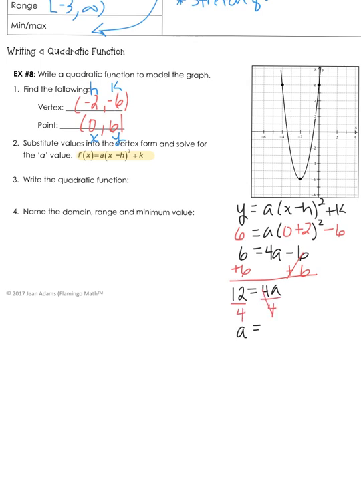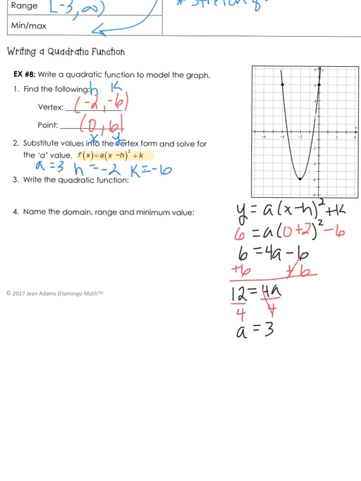I get a is equal to 3. So now, in order to write the function, I know that a is 3, and h is -2, and k is -6.